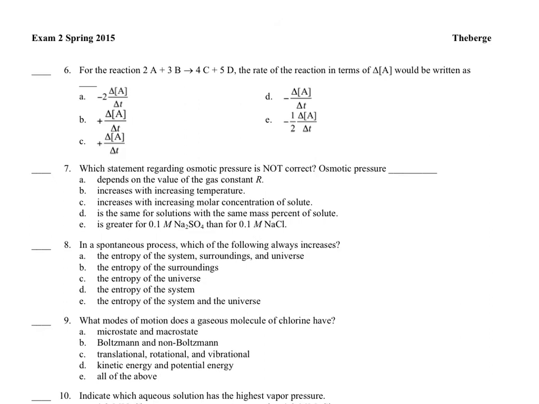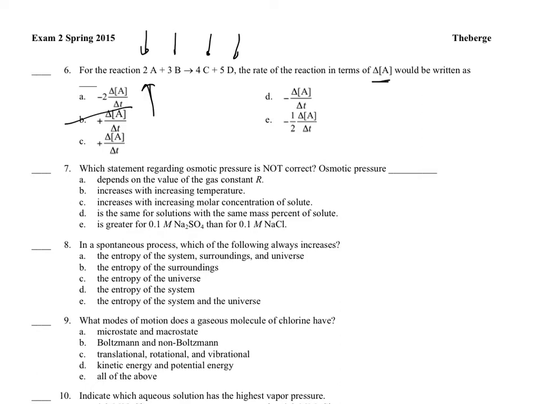Here we have question number 6. Question number 6 is again talking about relative rates. And so we have a reaction here that has a number of coefficients for its reactants and products. And so the rate of reaction in terms of the change in concentration of A versus time would have to be related to A, and so we want the concentration of A, and we want to use that coefficient.